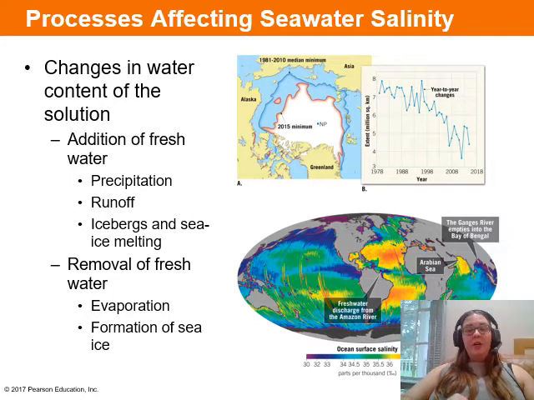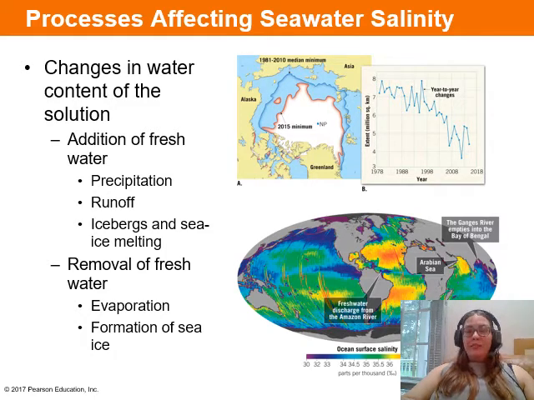But if we look at short periods of time, instead of millions of years, let's say a year, we're going to see that there are going to be differences in the salinity of our water. So if we start adding in fresh water to an ocean, if we start adding in water that doesn't have any salt, we're going to start seeing that the salinity is going to decrease.